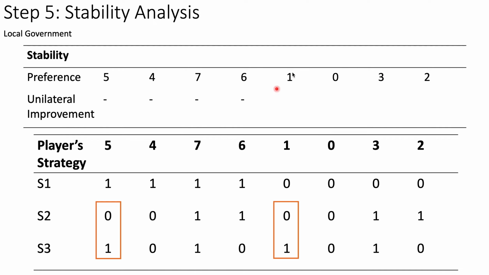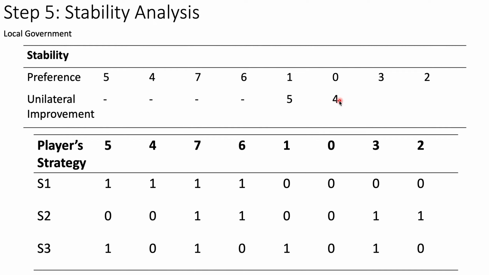But notice when it comes to scenario 1. You close this, and the scenario where S2 and S3 are 0 and 1 is scenario 5. But this time, the unilateral improvement should be 5, because the local government would prefer 5 rather than 1. So the unilateral improvement for scenario 1 is scenario 5. Same goes for 0.